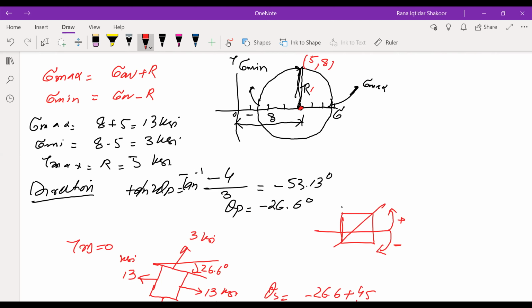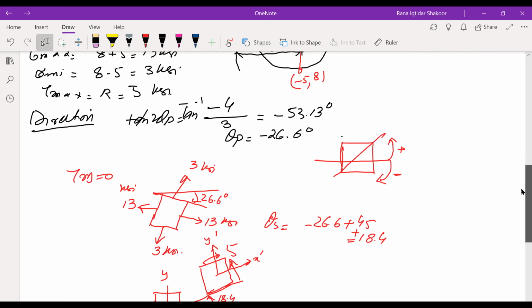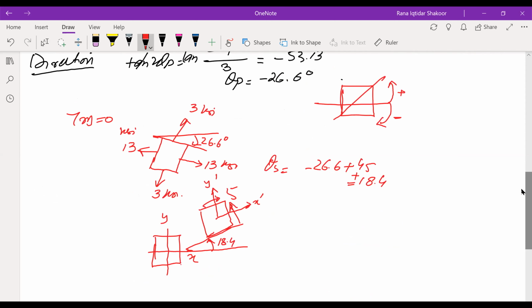In both cases it will be positive, because the coordinate of this point will be -5 and 8. So in both cases it will be tensile load. You can put sigma x and sigma y equal to 8 and 8, and these are the tensile loads. This is how you can go about it.